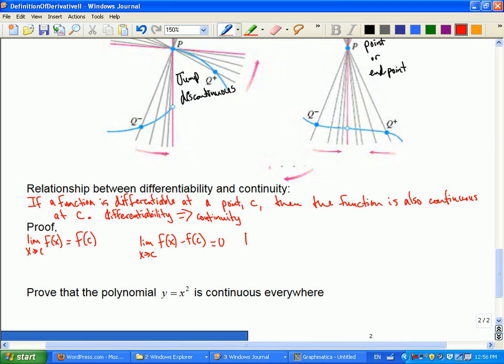And then if I take that limit and I multiply and divide at the same time by x minus c, so on the top and the bottom, here's what happens. This is the limit as x goes to c of the first piece times the second piece.